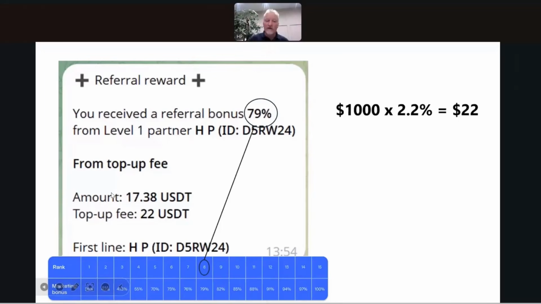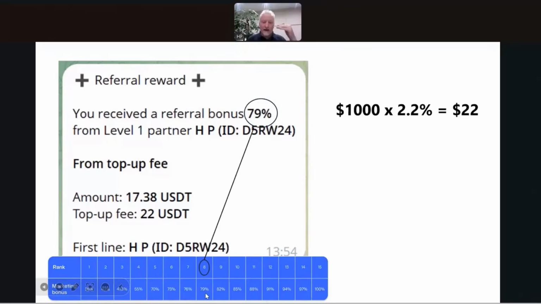But look what I got. From the top-up fee, I got $1,738. Why? How much is 79% of $22, please? 79% times $22 is $17.38.